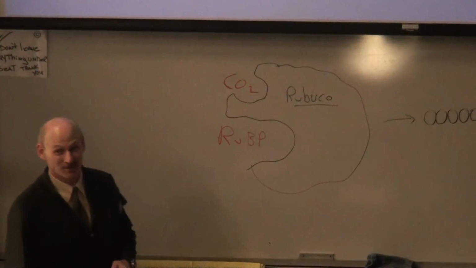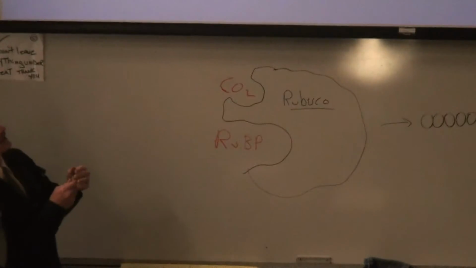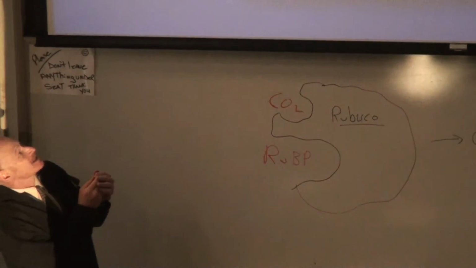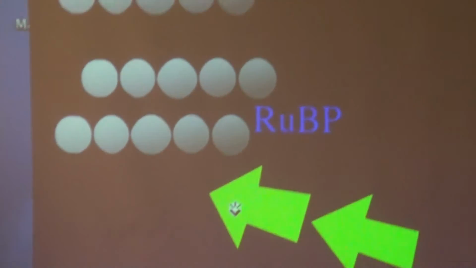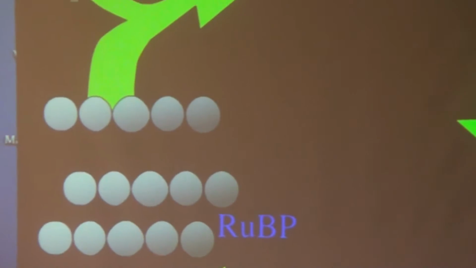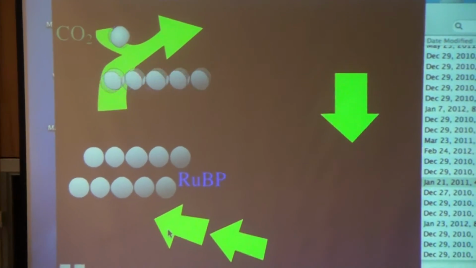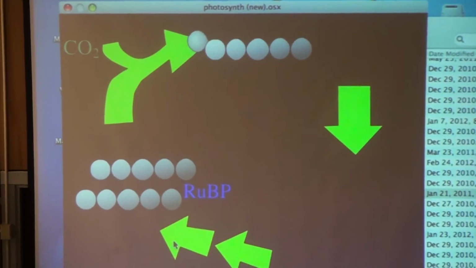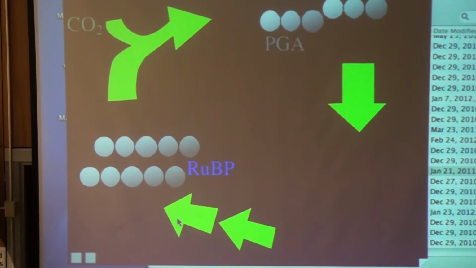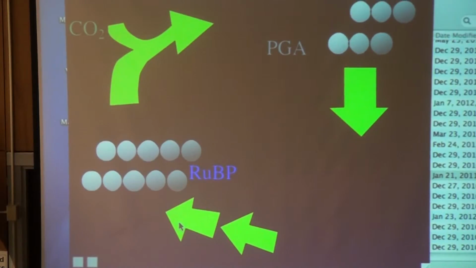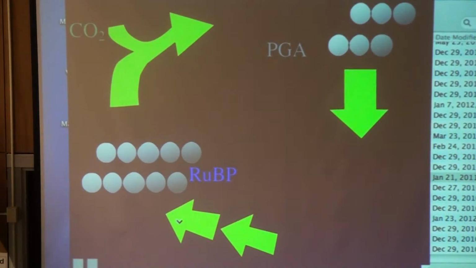Anyway, Rubisco is the actual enzyme that fixes carbon dioxide within the Calvin cycle. That green arrow right there is Rubisco. All right, let's watch it do its thing. It brings together the ribulose biphosphate and this carbon from the CO2, briefly forms a C6 molecule, but that breaks apart instantly.